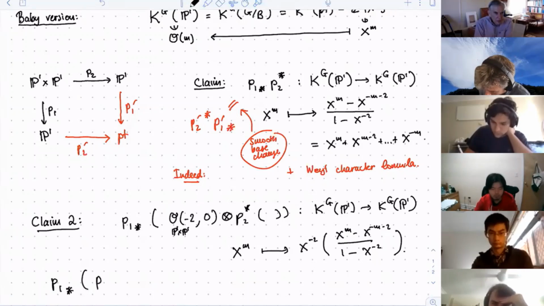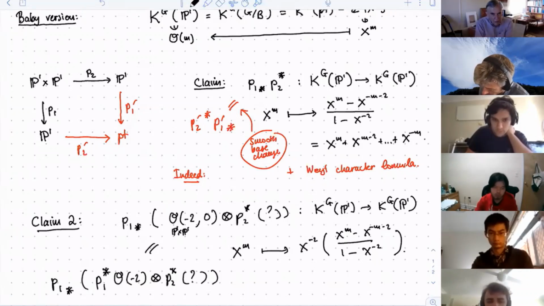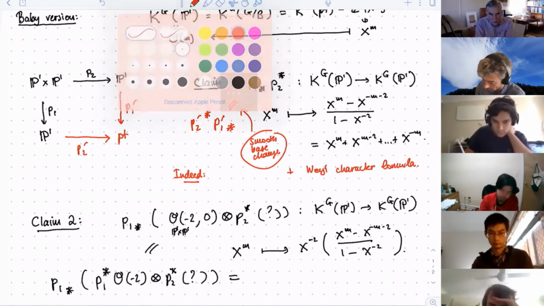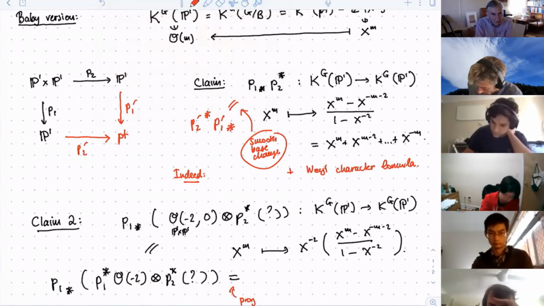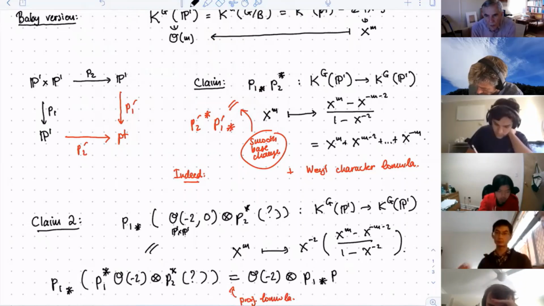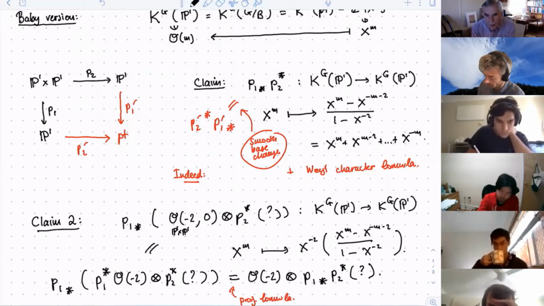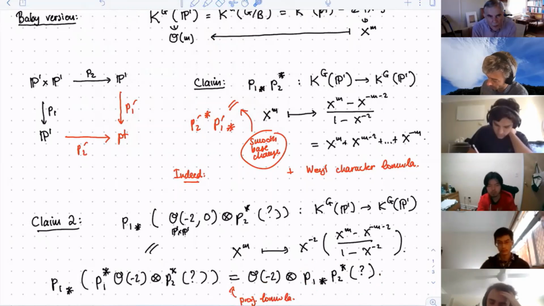P1 lower star of P1 upper star of the class tensored with O(-2) is equal to this tensor P2 upper star of the other class. And via the projection formula this is x minus 2 times O(-2) tensor P1 lower star. Okay, and we understand this factor from the previous claim, and this just gives us the minus 2.